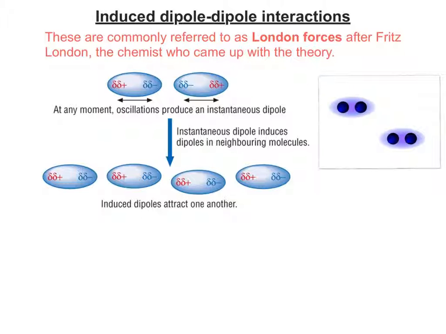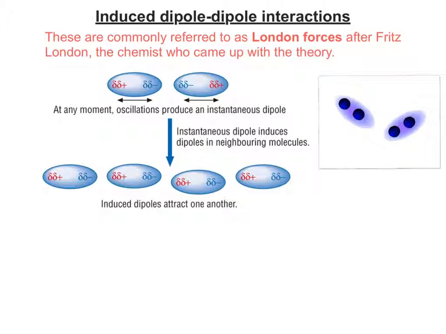So if you look at the animation, you can see that this is similar to the animation in the previous slide, but this time we're looking at molecules where the bonds are not polar, so therefore there's not a big difference in electronegativity. But can you see how when they get close to each other, there's a slight shift in the electron density, very slightly, between them.